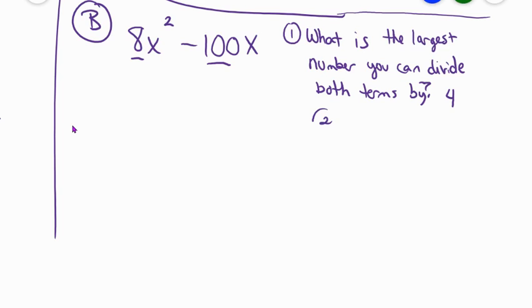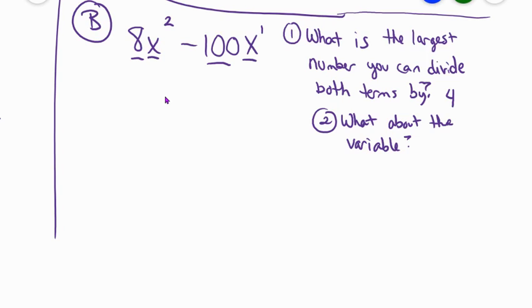But then you also have to ask yourself, what about the variable? If you look at both terms, they both have an x. But the second term only has an x to the first.